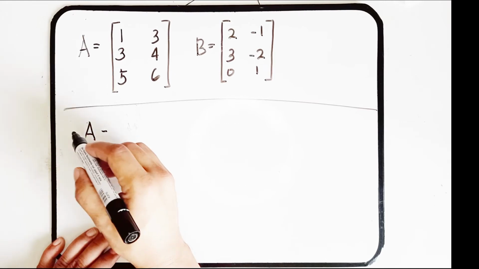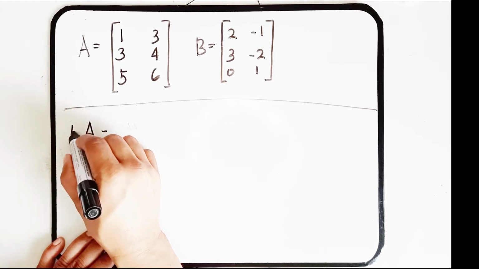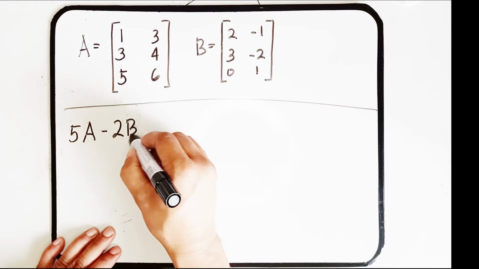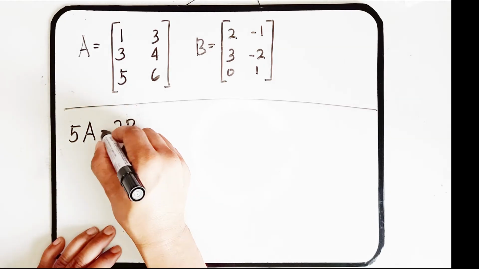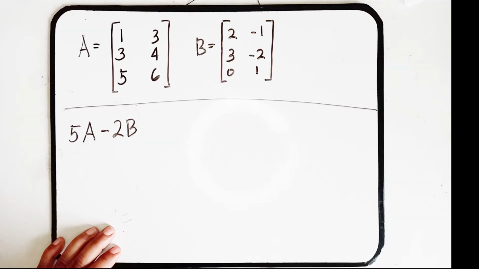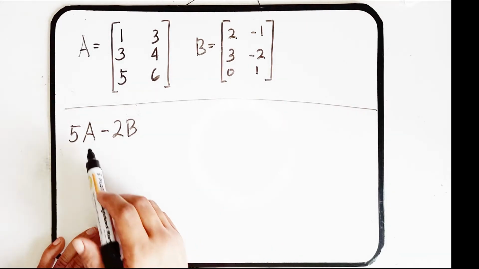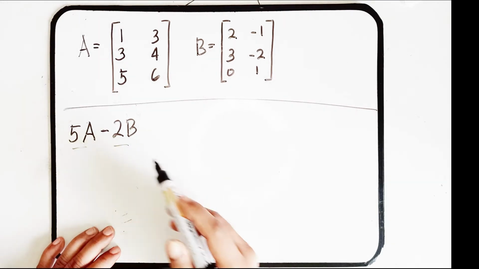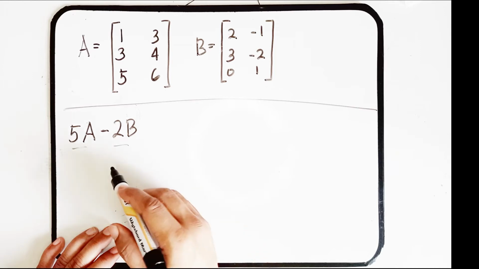Let's say 5A minus 2B. So 5A minus 2B. So we have a scalar, and then we have subtraction. So let's start with the scalar.